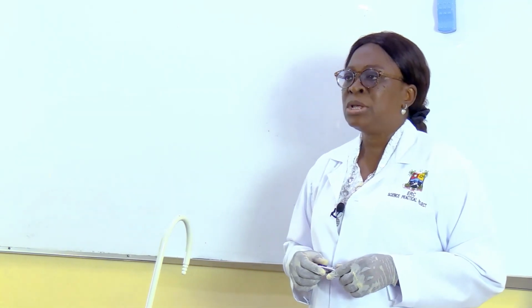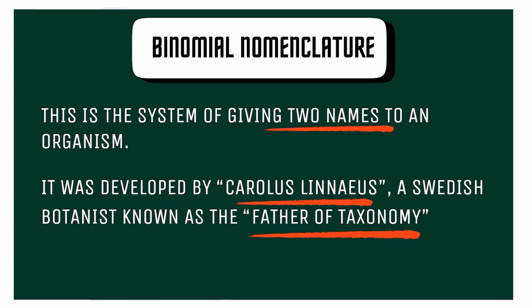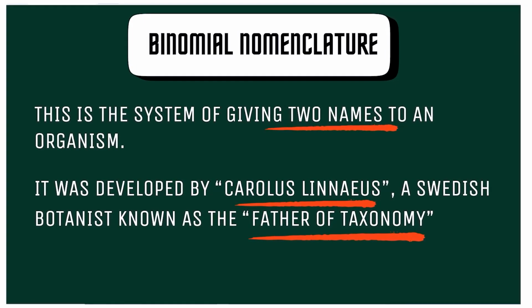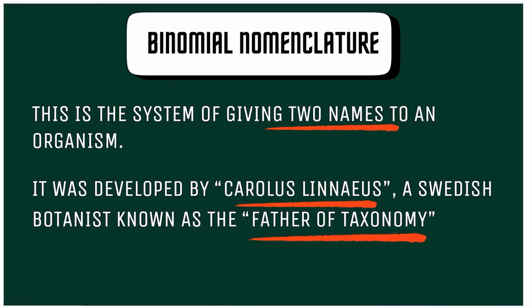He brought about the system of binomial nomenclature. What is binomial nomenclature? Binomial nomenclature is the system whereby organisms are given two names. The first name is the generic name, while the last name is the specific name.